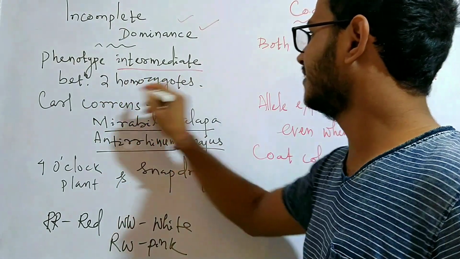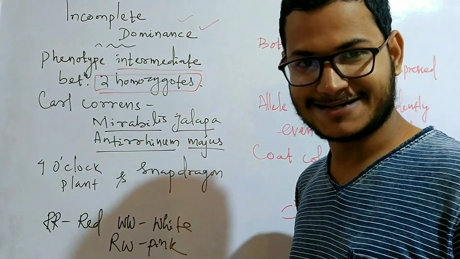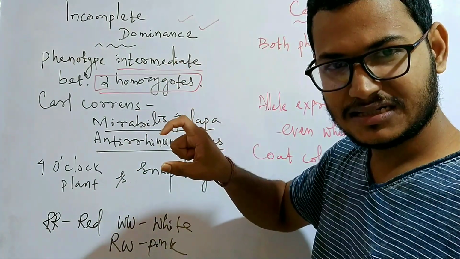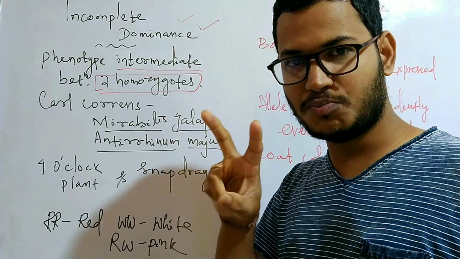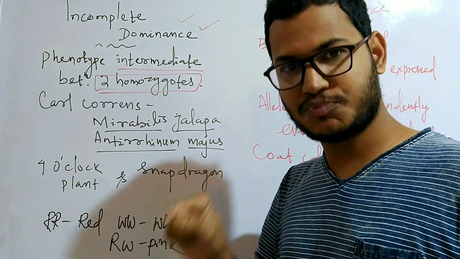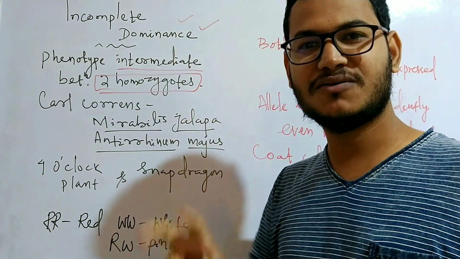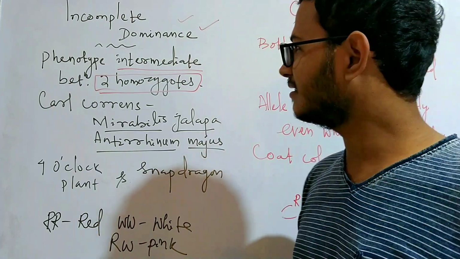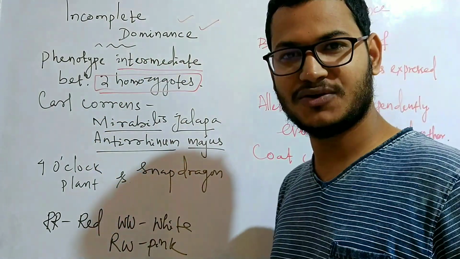Neither character from the parents will come through fully, but a mixture of both parents. So here we will get an intermediate phenotype.